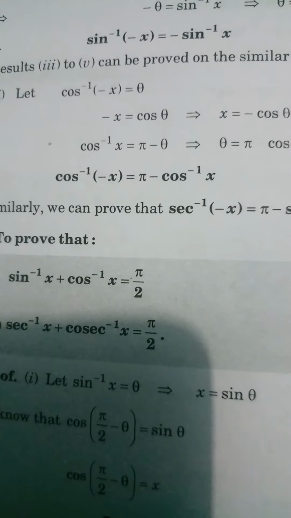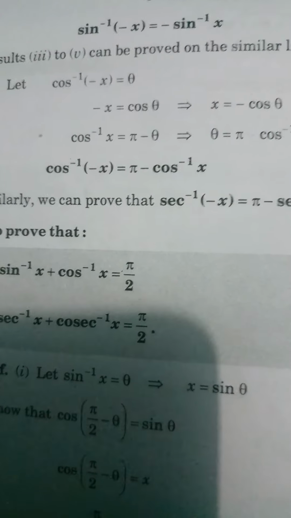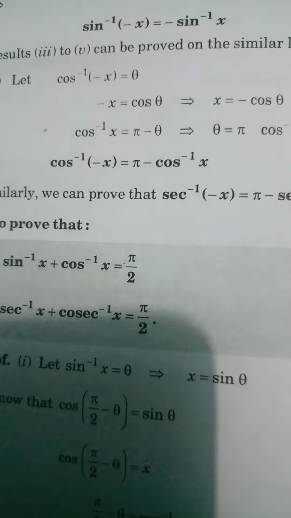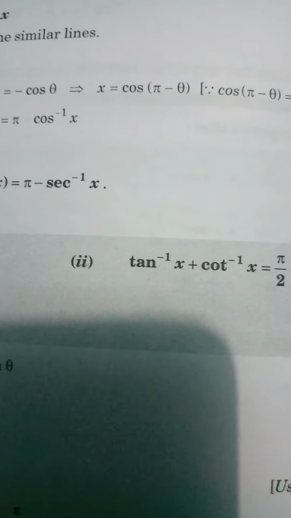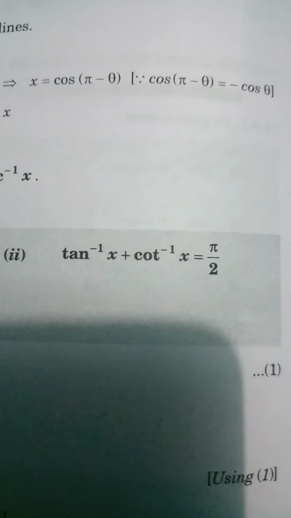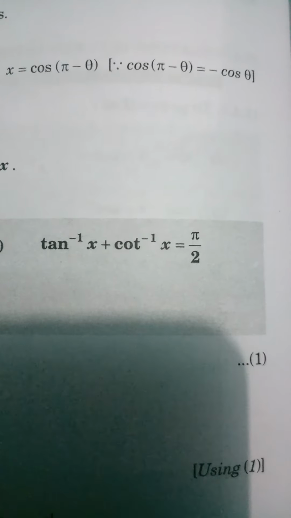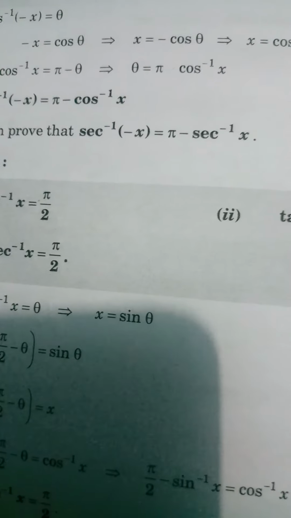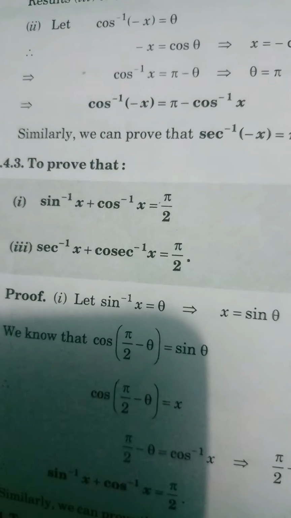Let cos inverse minus x equal to theta, then taking cos to the right hand side, minus x equal to cos theta implies x equal to minus cos theta implies x equal to cos pi minus theta, because cos pi minus theta equal to minus cos theta, implies cos inverse x equal to pi minus theta implies theta equal to pi minus cos inverse x implies cos inverse minus x equal to pi minus cos inverse x.